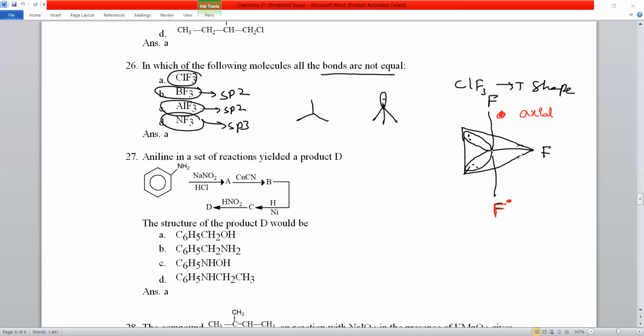And I'm going with another color. This fluorine is equatorial. Which bond lengths are more? Axial is greater than equatorial bond length. So these have different bond lengths, all bond lengths are not equal here. Answer should be ClF3.